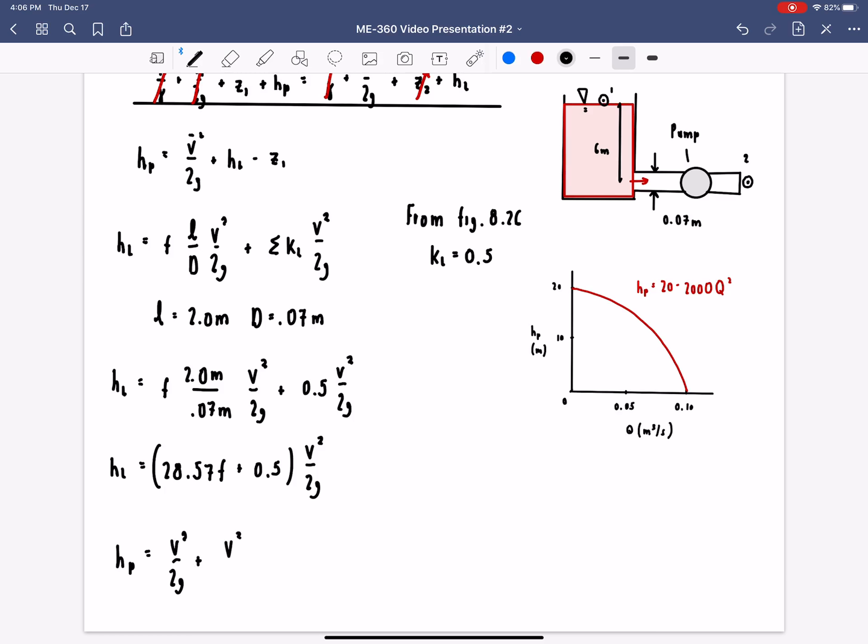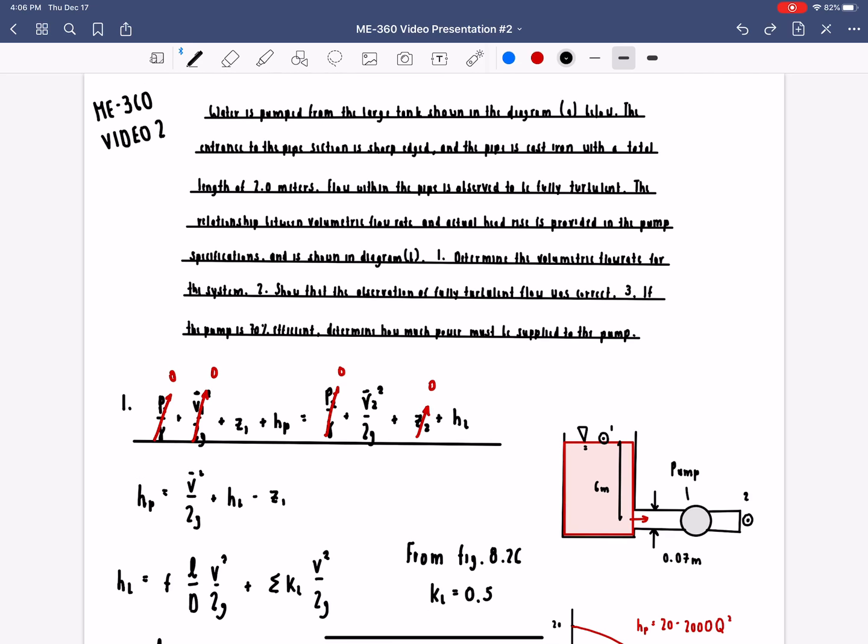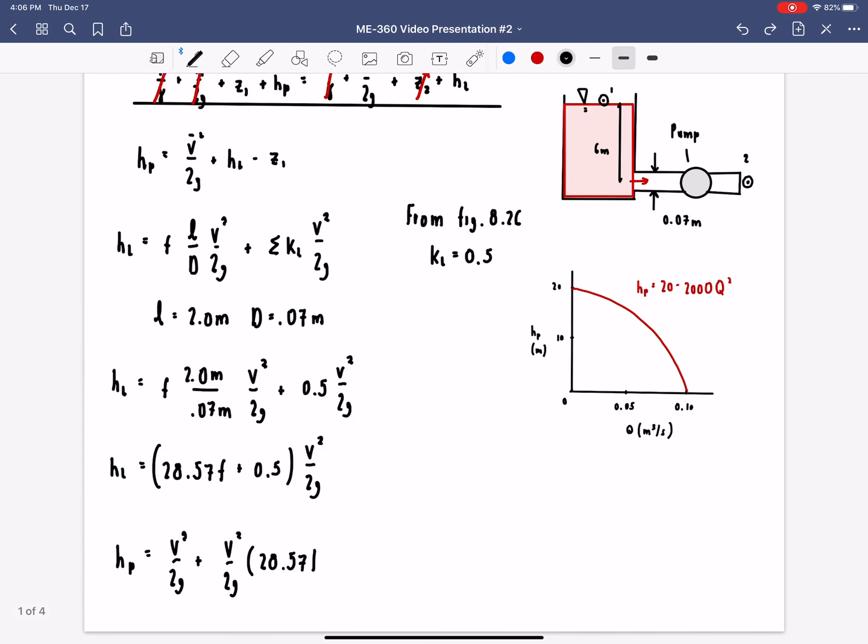So I'm going to rearrange that to say v squared over 2g times 28.57 times the friction factor plus 0.5. And then we also have minus z1.